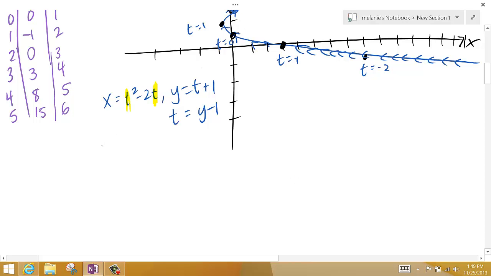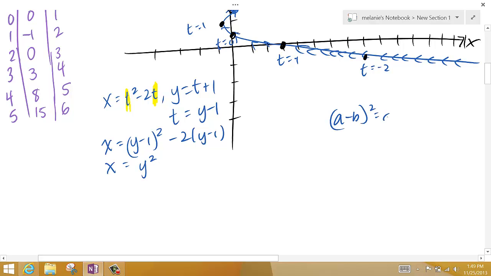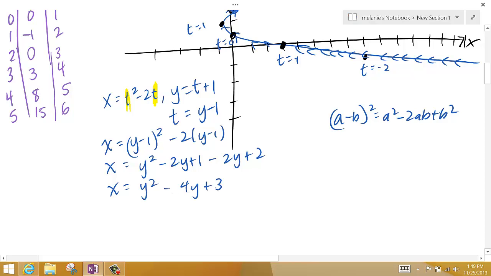So x is y minus 1 squared minus 2 times y minus 1. We know that a minus b squared is a squared minus 2ab plus b squared. So this is y squared minus 2y plus 1 minus 2y plus 2. So x is y squared minus 4y plus 3.